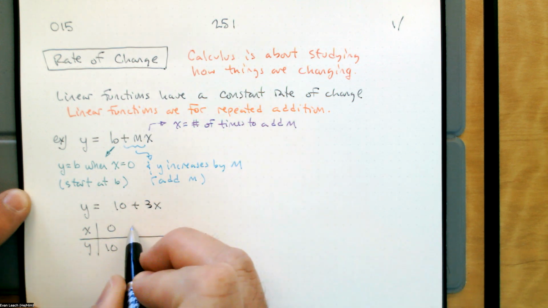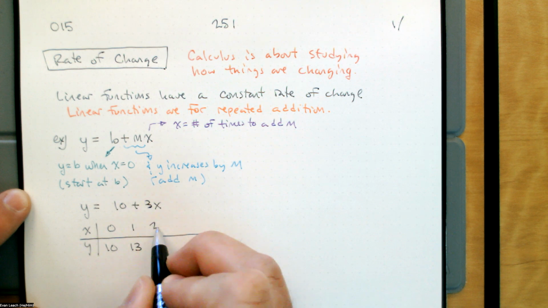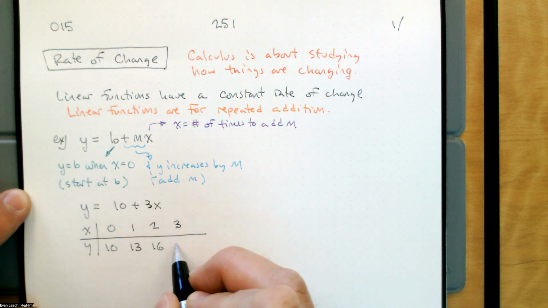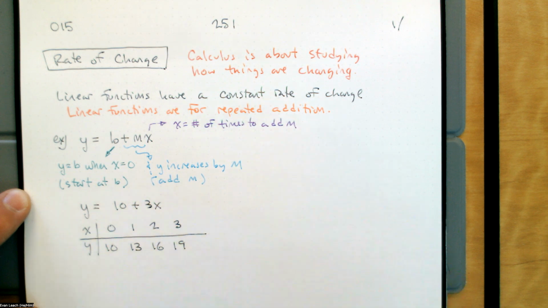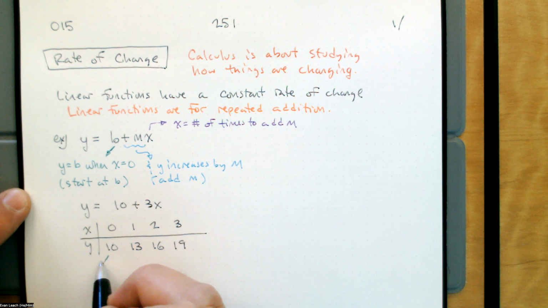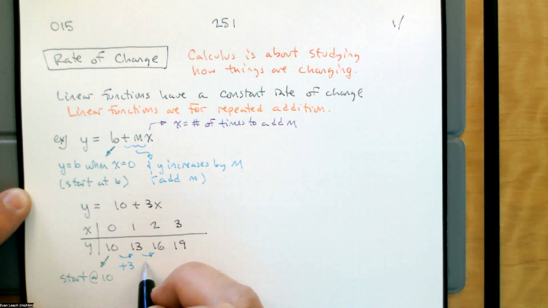And when x increases by 1, we add 3 one time. When x increases by 2, we add 3 a second time. When x increases by 3, we add 3 a third time. Start at 10. Add 3 a bunch of times.